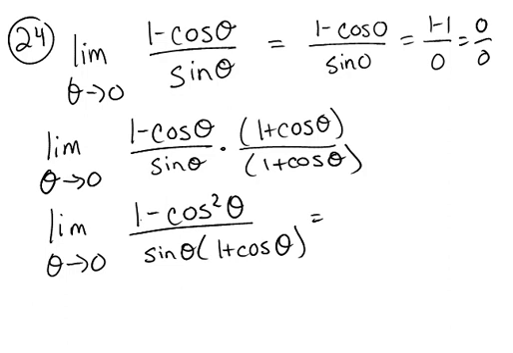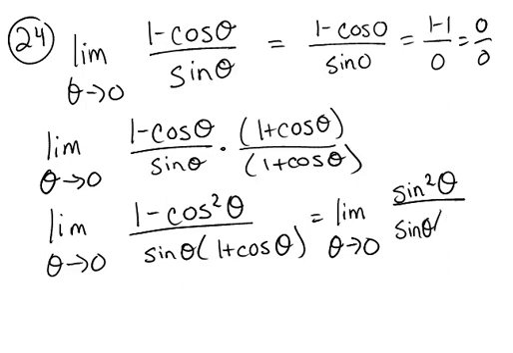Now, we remember from the Pythagorean identity that 1 minus cosine squared theta is also sine squared theta. So the limit as theta goes to 0 of 1 minus cosine squared theta is sine squared theta, and then this is divided by the sine of theta times (1 plus cosine theta). Now you've got a sine theta in the bottom and 2 up top, so you can cancel one of them.